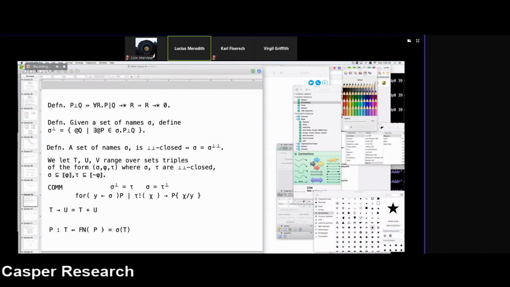And then it is clear that since that's the case, when we have P satisfies T arrow U, then the free names of P is going to equal sigma of T plus sigma of U.